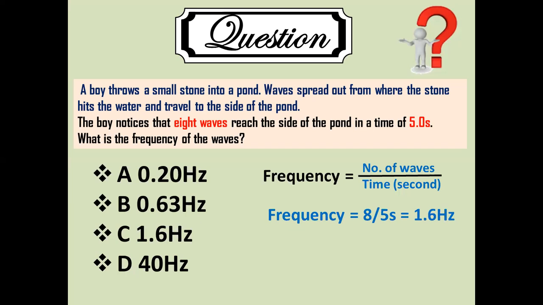If 8 waves pass in 5 seconds, how many waves will pass through a certain point in 1 second? That is 1.6 waves in 1 second. So the frequency will be C. Here, 1.6 hertz is our correct option.